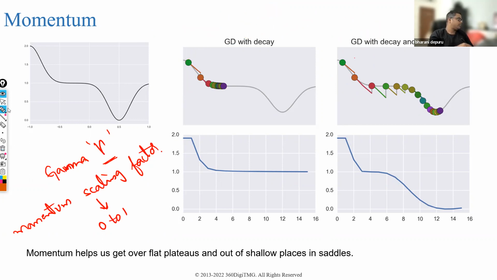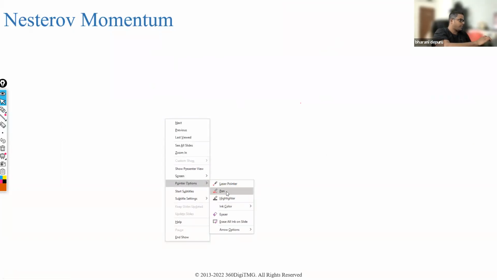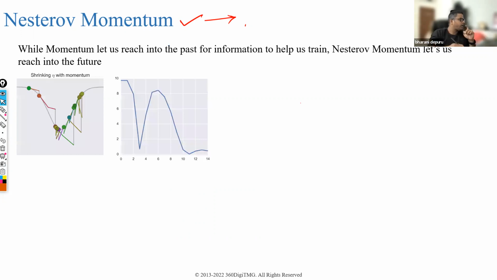Then we have Nesterov Momentum. There was a scientist named Nesterov, and the method was named after him. What Nesterov says is that if a momentum is given, the bouncing-around-the-ball problem might arise.